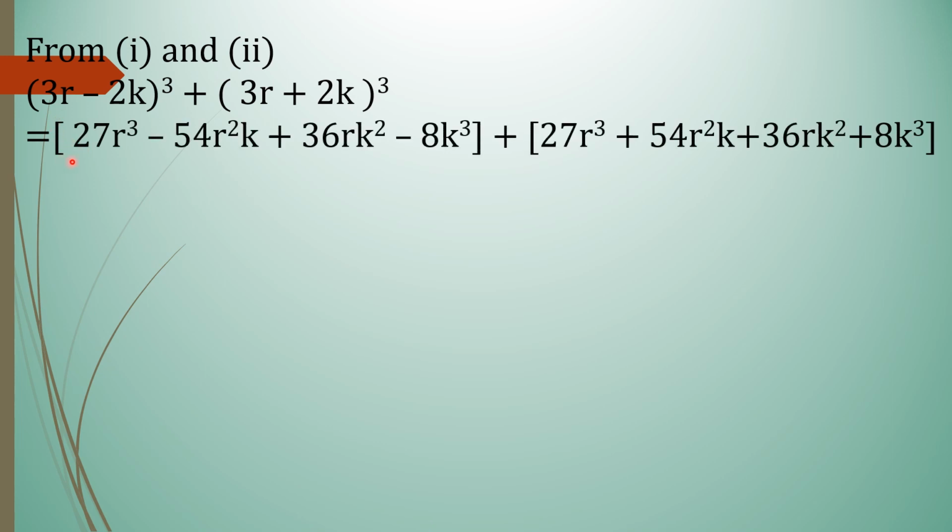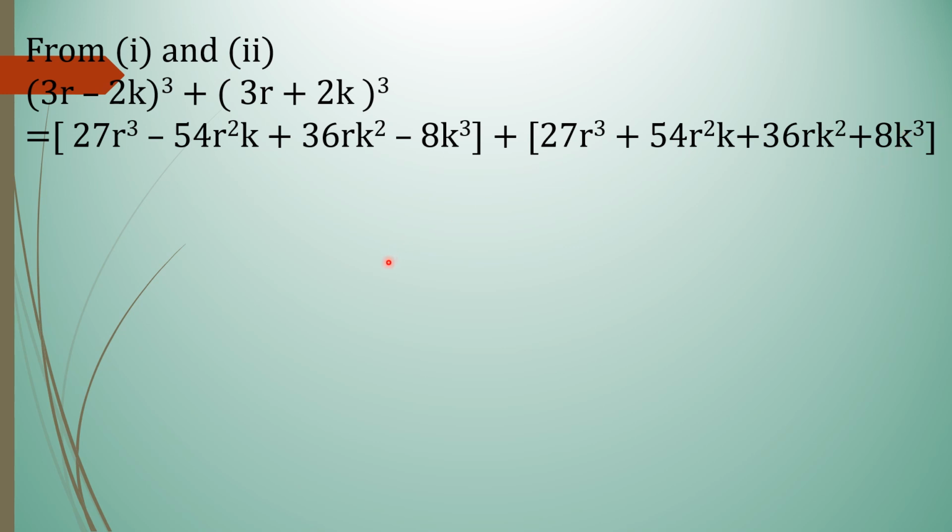You'll put in square bracket the answer for the first one: 27r cube minus 54r square k plus 36r k square minus 8k cube. Close the bracket. Then the middle sign is given as plus, so we'll put plus. Then in square bracket, we'll write down the answer for this, what we have found out: 27 r cube plus 54 r square k plus 36 r k square plus 8 k cube.